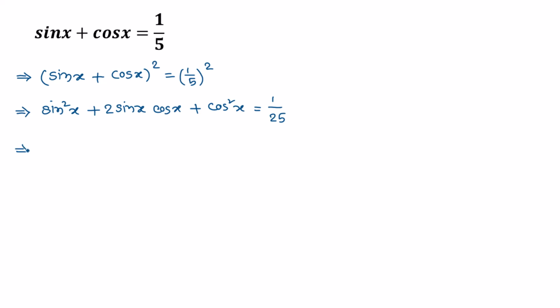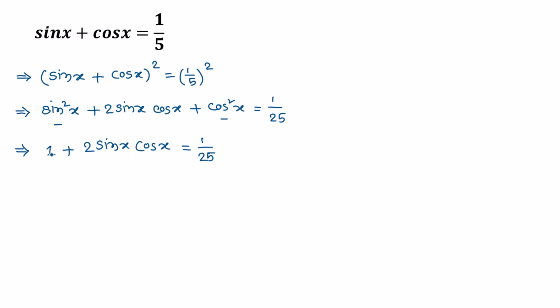Now sin square x plus cos square x is 1. So 1 plus 2 times sin x cos x is equal to 1 over 25.